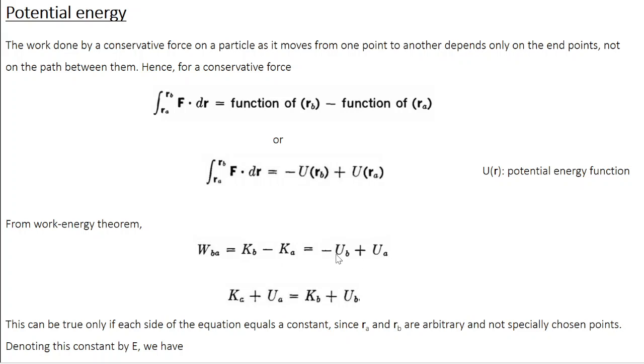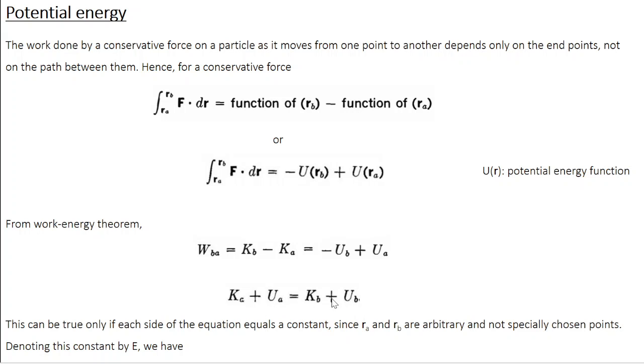And if you rearrange the terms, basically you get all the A terms to the left hand side and all the B terms to the right hand side. Then you get Ka plus Ua equal to Kb plus Ub. So the meaning is that the total kinetic energy plus potential energy at point A is the same as the total kinetic energy plus potential energy at point B.